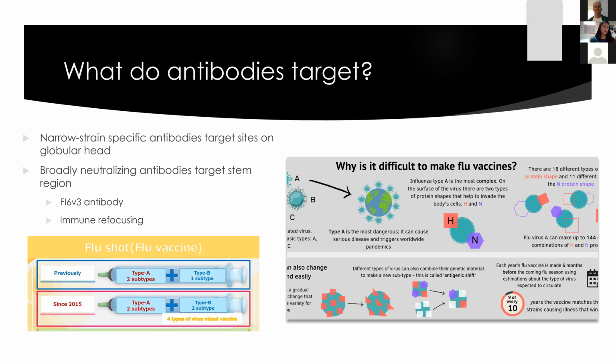This targets the epitopes on the stem, and it inhibits the membrane fusion by stopping the conformational changes of the protein. And then there's also immune refocusing. So there are approaches being done to target the stalk domain by blocking antigenic sites on the globular head to get more at the epitopes on the stem.